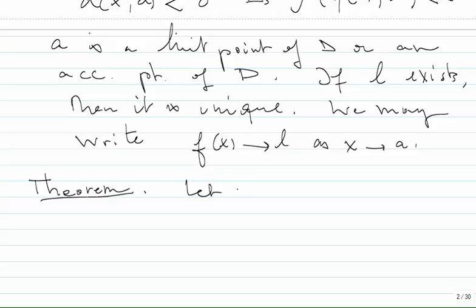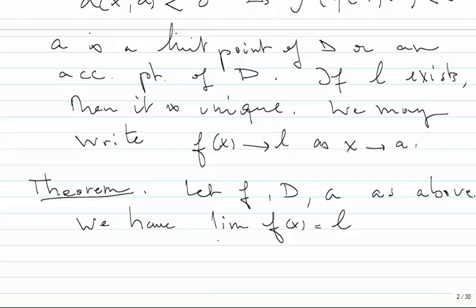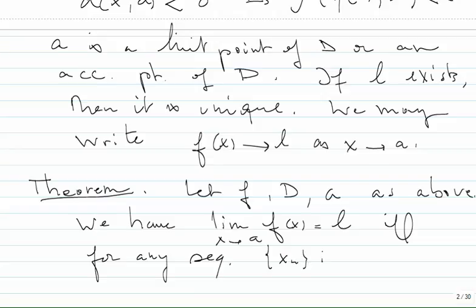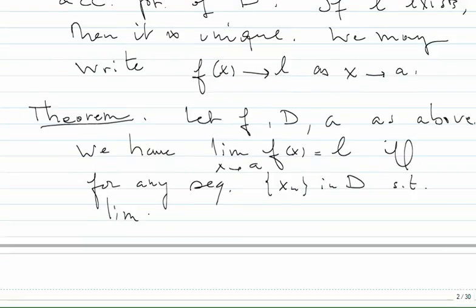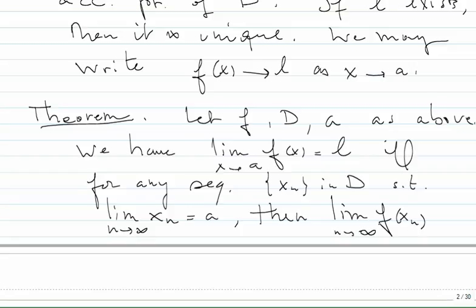Let f, D, a be as above, meaning that f is defined from D to N. Then the limit of f of x equal to L when x goes to a holds if and only if for any sequence xn in D such that the limit of xn is equal to a, the limit of f of xn exists and is equal to L.